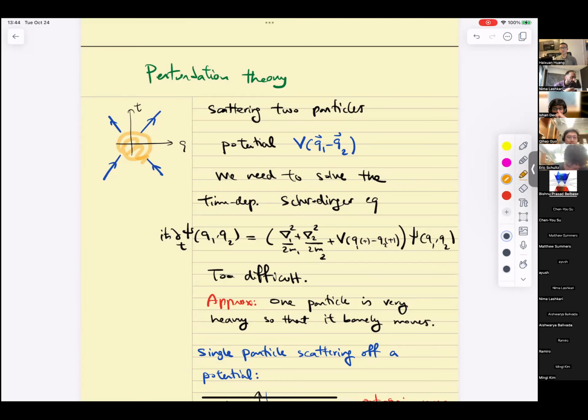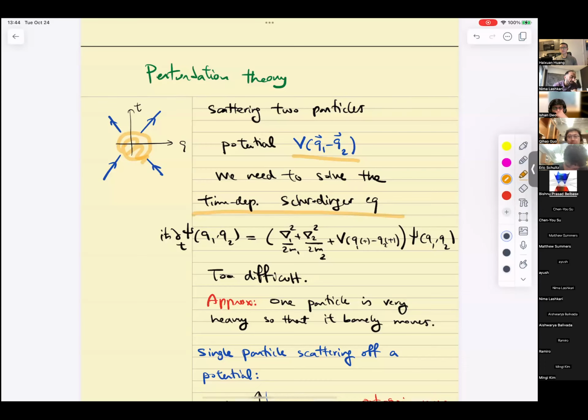So you have two particles. This is a space-time diagram. They interact at some point, and then they go away. Now, in quantum mechanics, if you want to set up this calculation, we say that there is a potential between the two. It's only a function of their distance, assuming translation invariance.